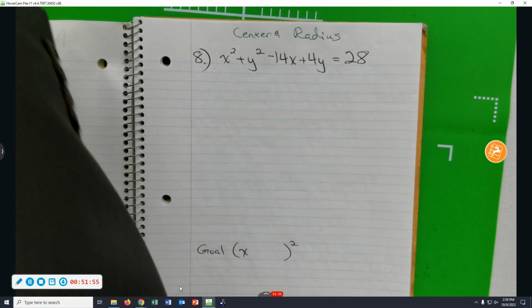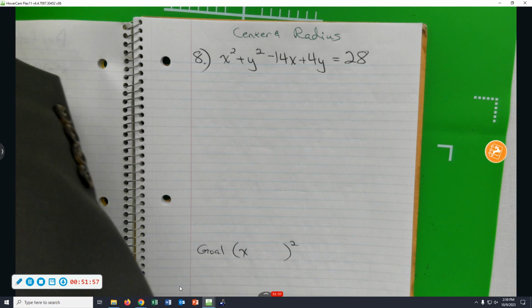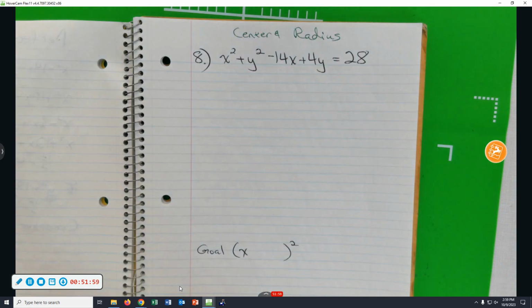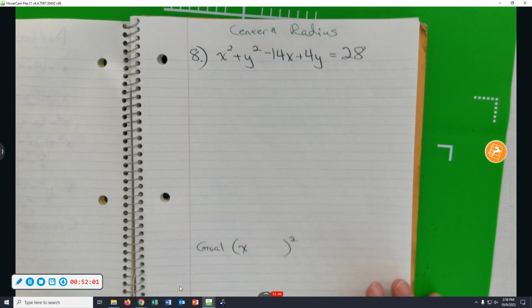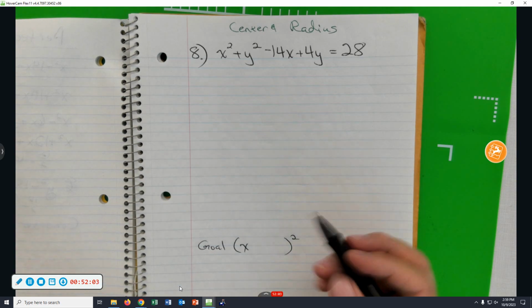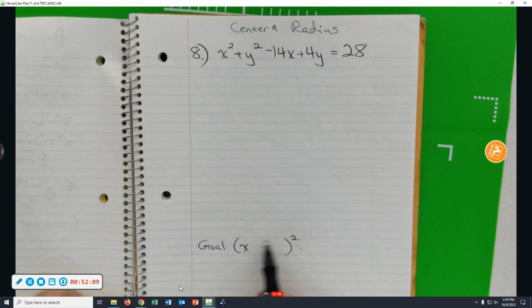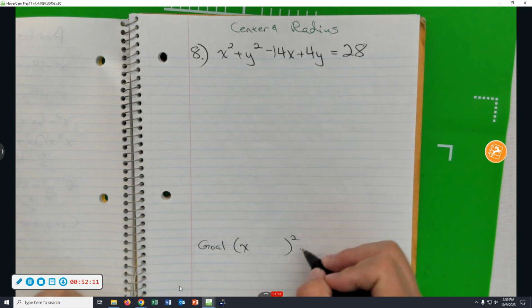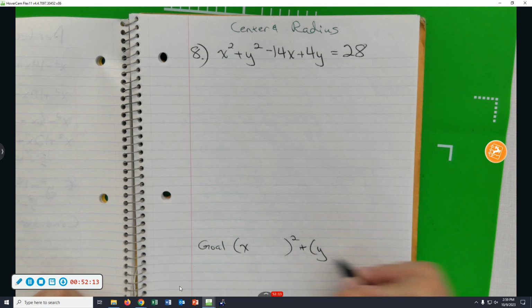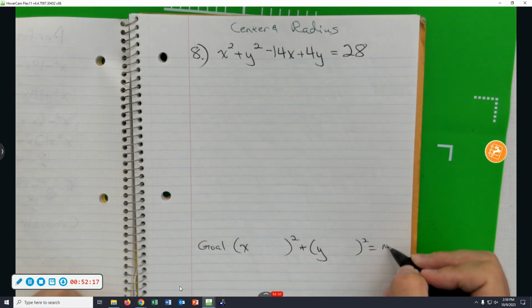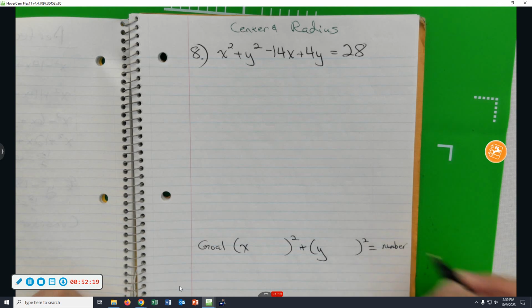I didn't have the projectors showing. So your goal is you want your parentheses with your x squared plus your parentheses with your y squared, and over here you want a number. That's the goal.